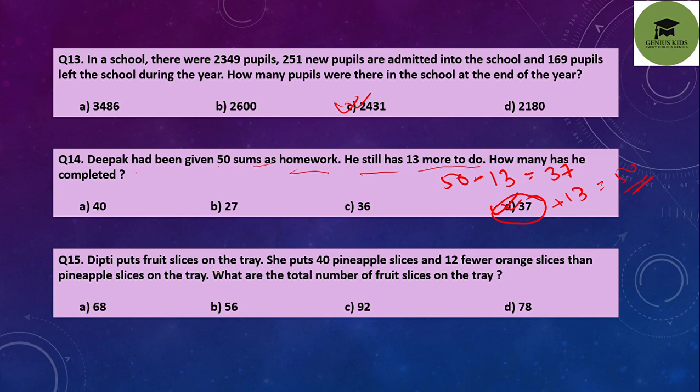Last one. Dipti puts fruit slices on the tray. She puts 40 pineapple slices and 12 fewer orange slices than pineapple slices on the tray. So what is the total number of fruit slices on the tray?